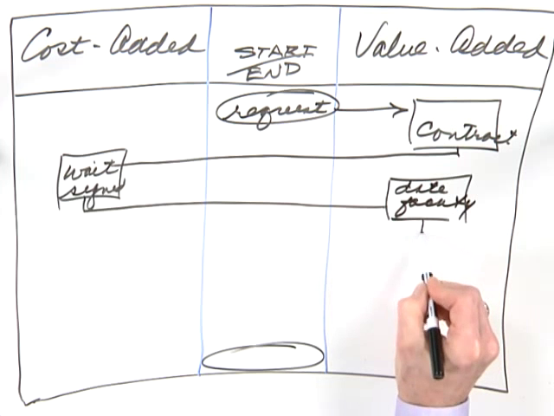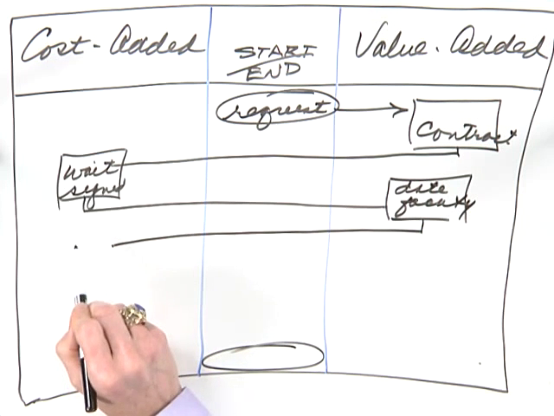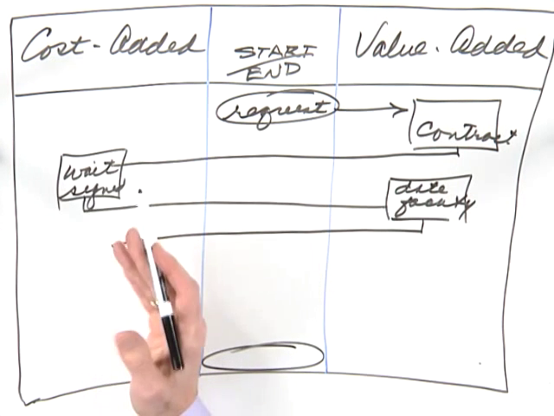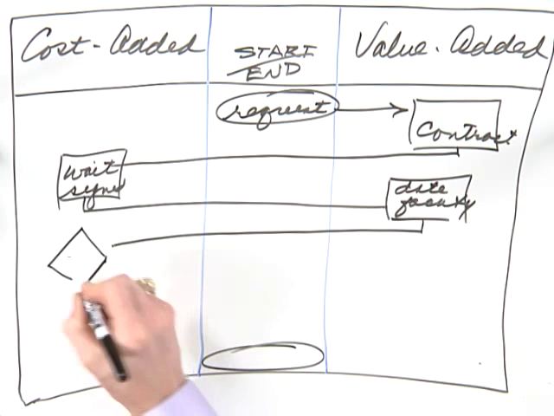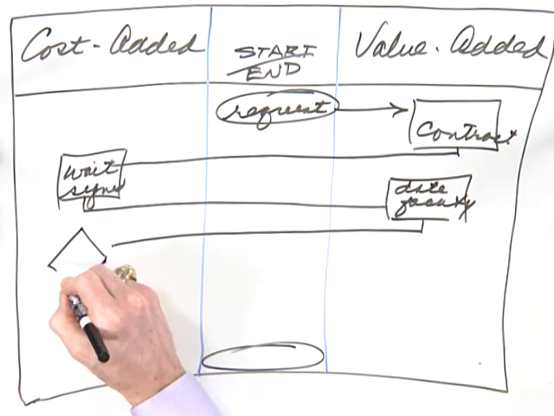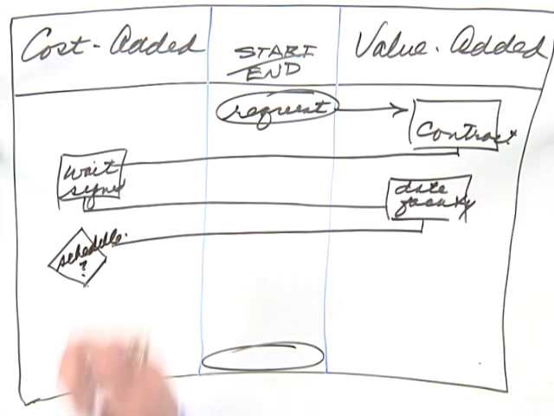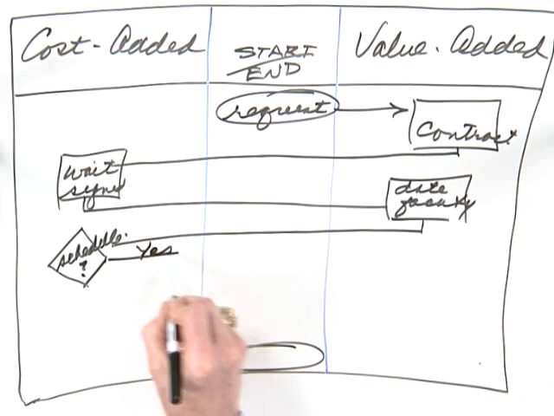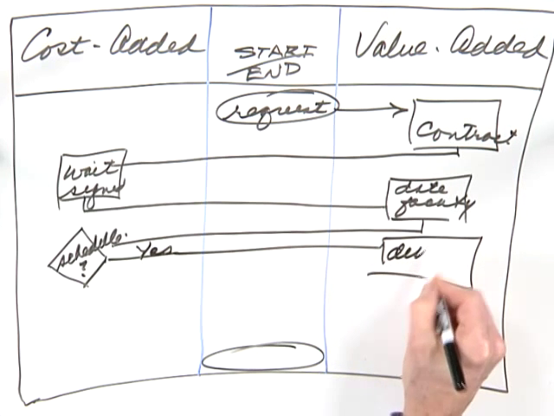Now, we run into the possibility that we will not get the faculty dates to line up with what the customer wants. So the question now, and we'll make a diamond out of this, is can the faculty meet the schedule of the program? If the answer is yes, we proceed to add value by developing the program and the content.